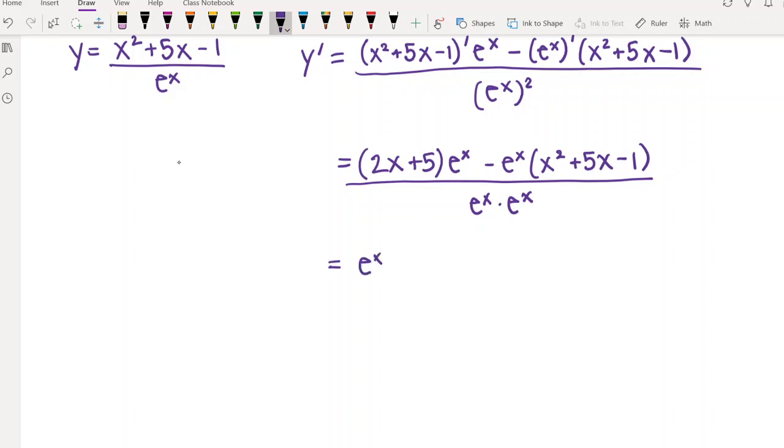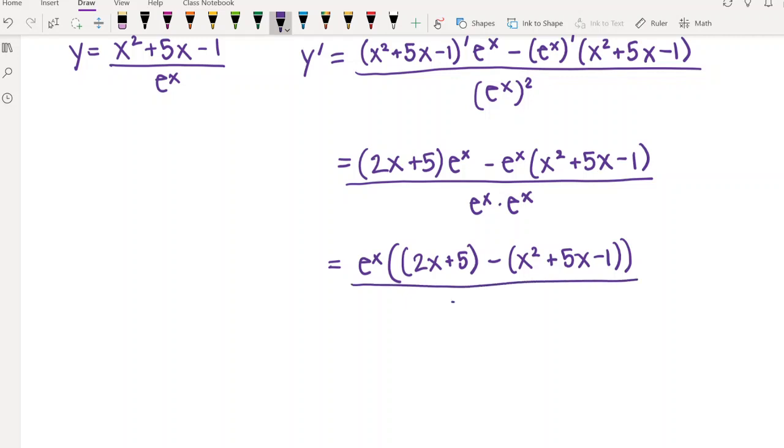So if we factor out an e to the x in the numerator, we're left with 2x plus 5 minus x squared plus 5x minus 1. And we have to be sure to put parentheses because we still have this negative sign that needs to affect the second part. And then that's divided by e to the x times e to the x.